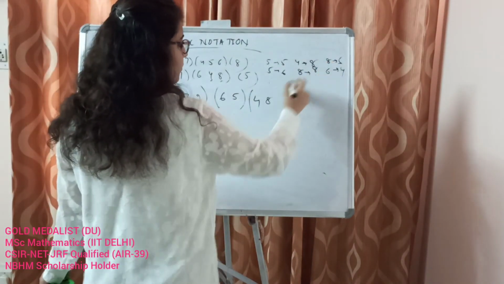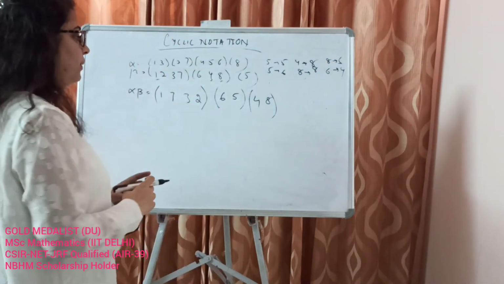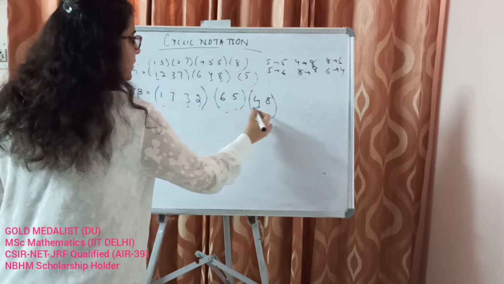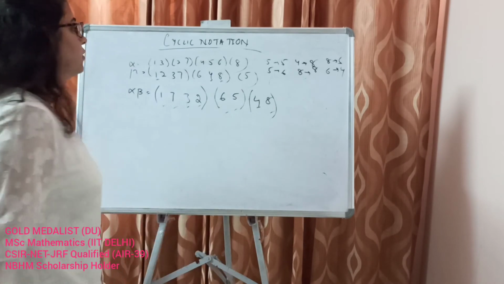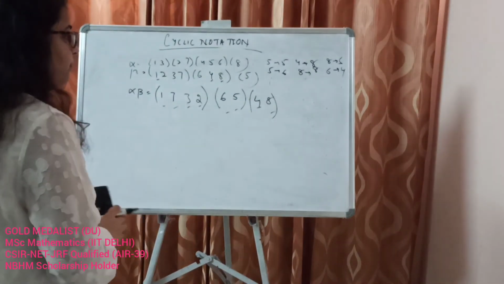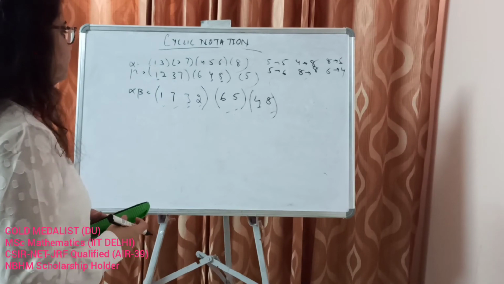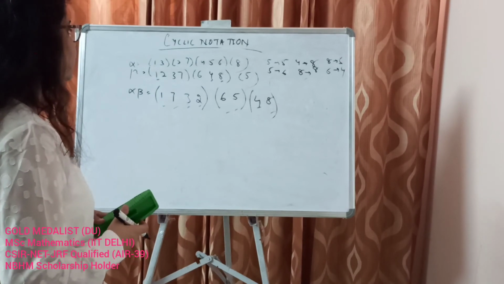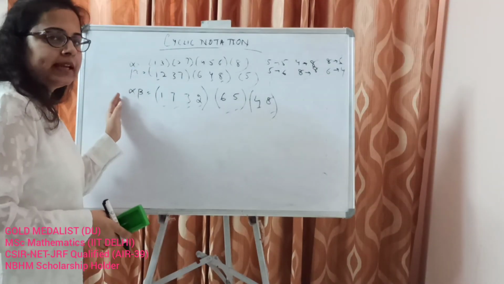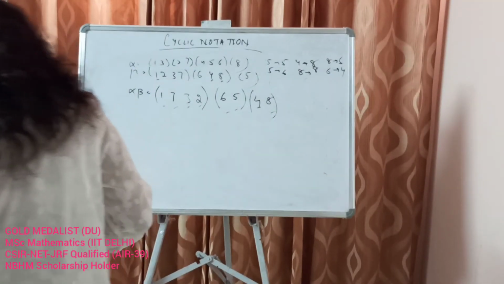So 8 goes to 4 and we stop the cycle here. So how many elements have been covered? 1, 2, 3, 4, 5, 6, 7, 8. I think we have covered all the 8 elements, and hence the multiplication is this value. Alright. So that's the value of the multiplication of these two permutations written in cyclic notations.